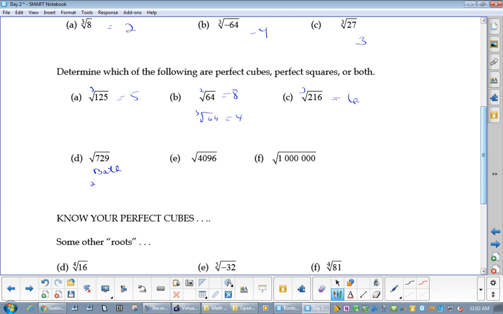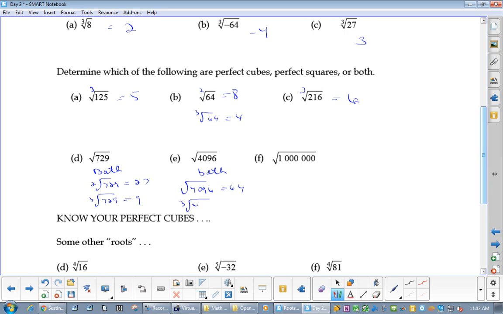Because the square root equals 27 and the cube root equals 9. Okay, 4096. This one's both too, because the square root of 4096 is 64.